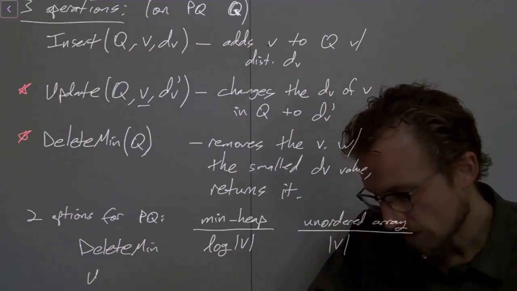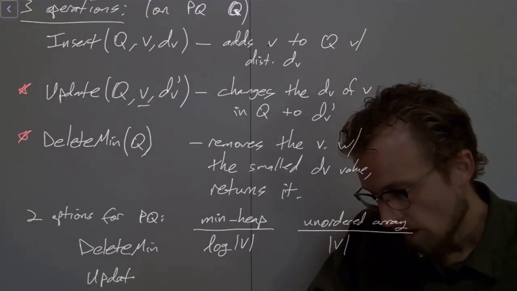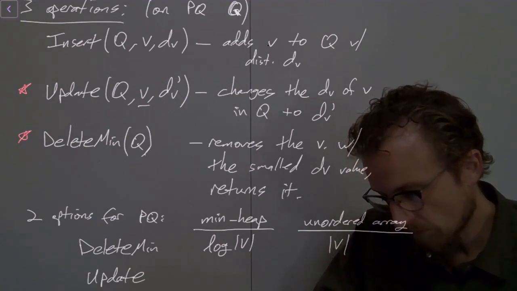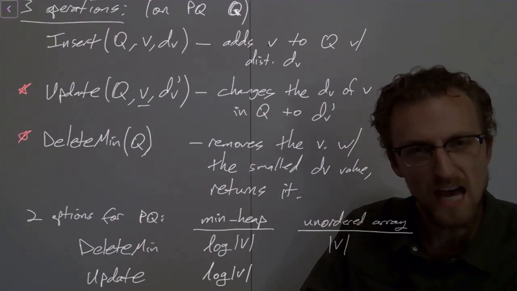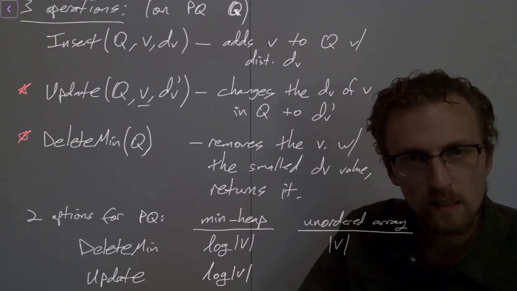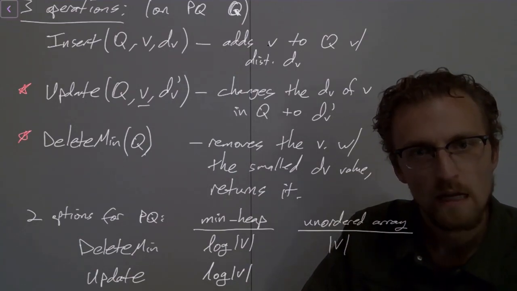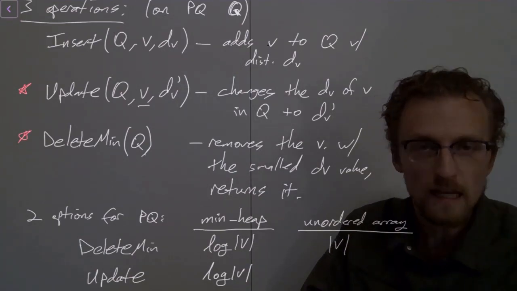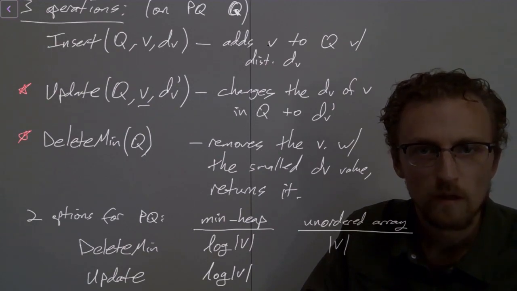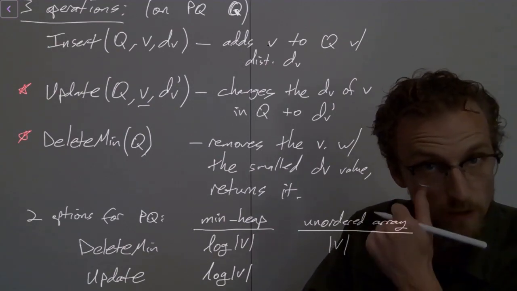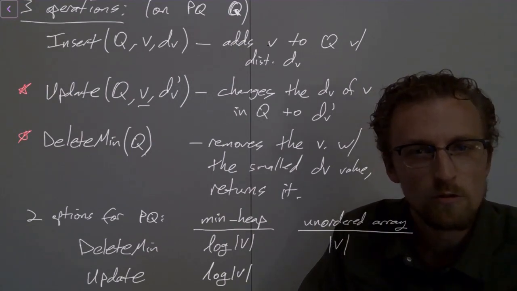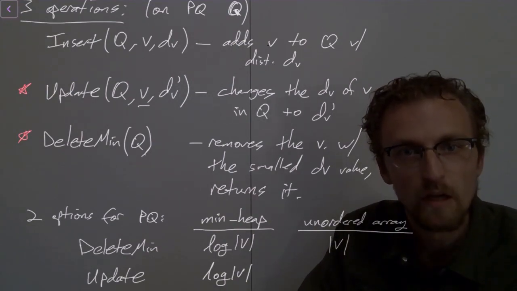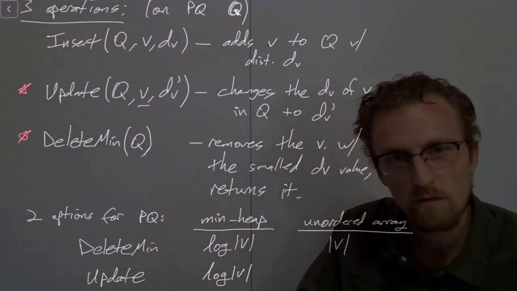The update operation takes some time for the min heap, and the reason is that when you change the weight on something, that might make that thing the smallest element in the priority queue, and if that happens, it has to be promoted to the root of the heap. We'll go over those details in class, but that's what's going on there. It takes some effort to reorganize the heap if you change the value.